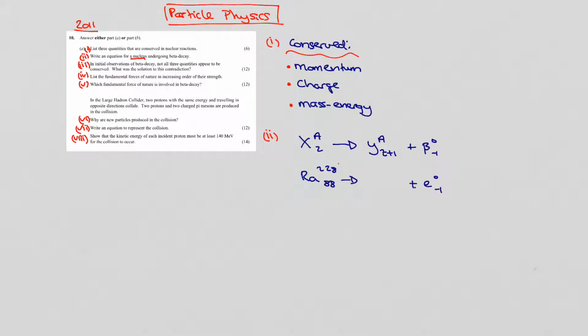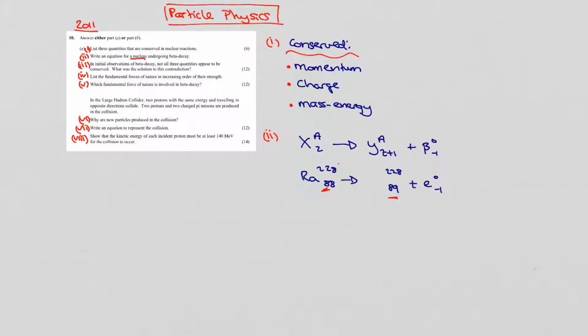Again, you would go to your maths tables, page 79, and identify our radioactive decay. Our new elements are always identified by their atomic number. So the atomic number is going to increase by 1 to 89 and the mass number stays the same. Most of these radioactive decay elements are isotopes, so you'd never be able to identify the isotopes from the periodic table. We're only ever identifying by the atomic number, so by the 88 and the 89.